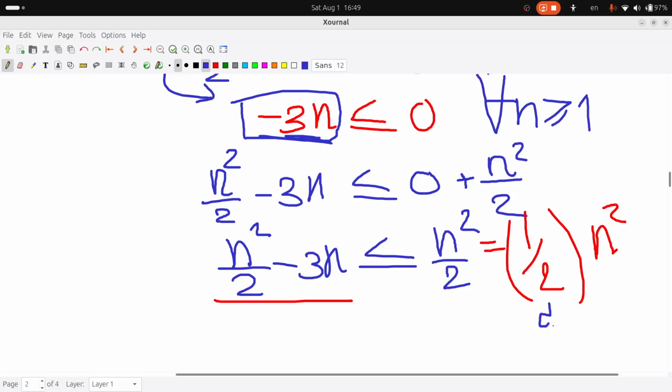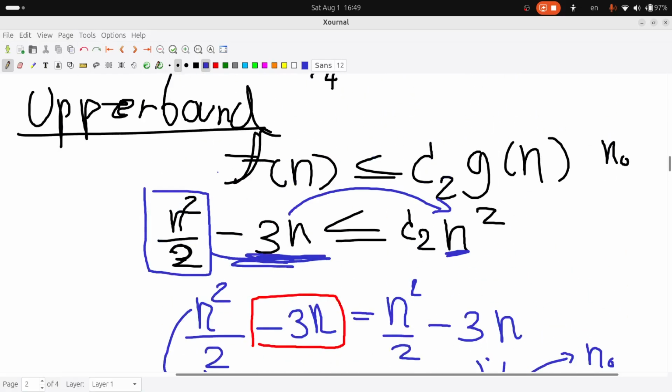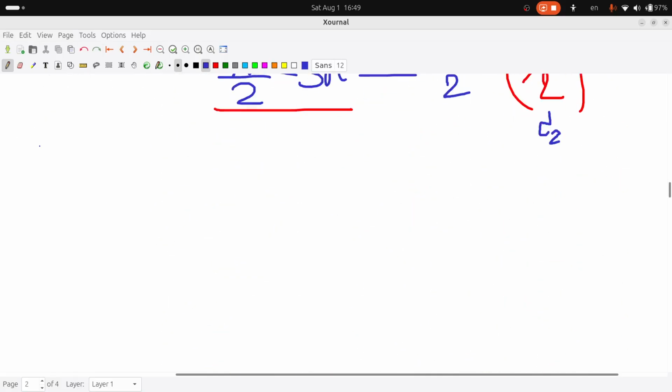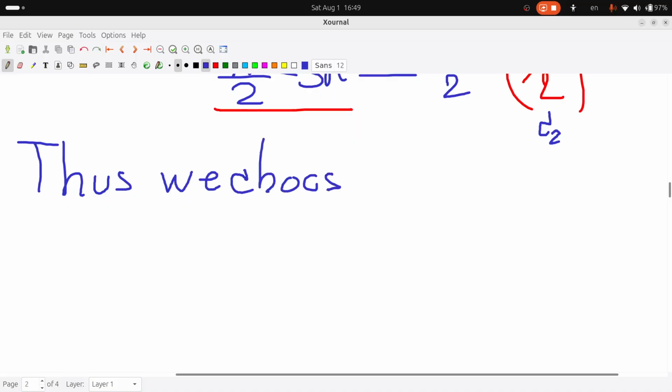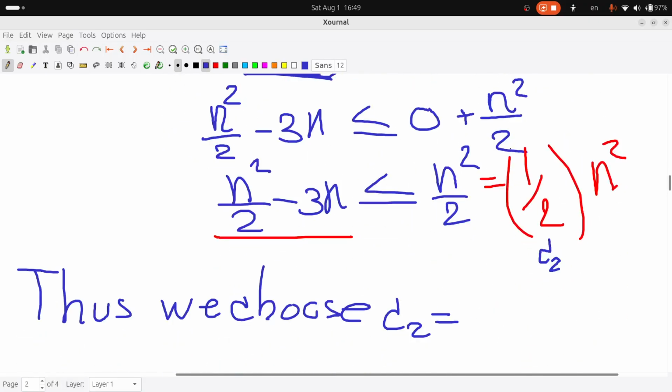That is constant C2. And this one is N0. So we can say that thus we should have C2 equal to 1 divided by 2, right?